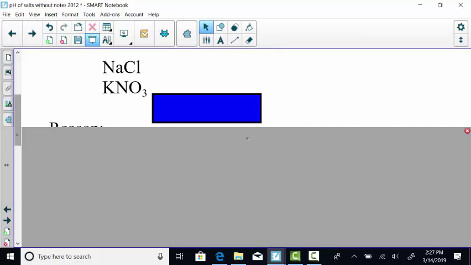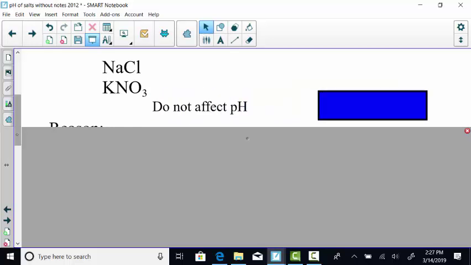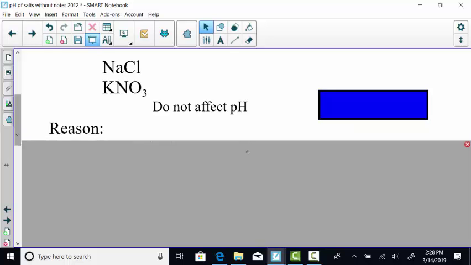NaCl is normal table salt, and we use it all the time. Your answer to this should probably be that these do not affect pH. So they are salts, but then why don't they affect pH?